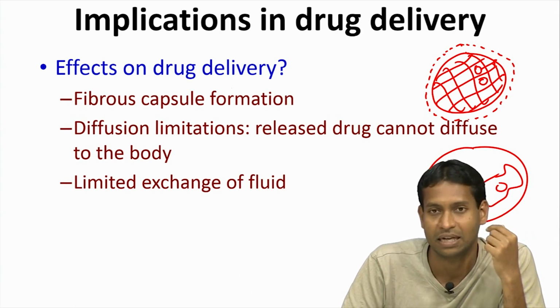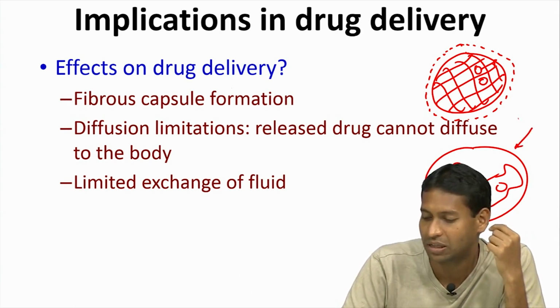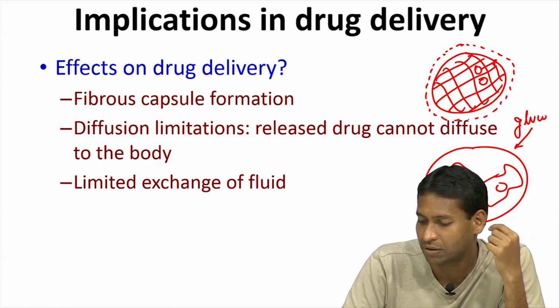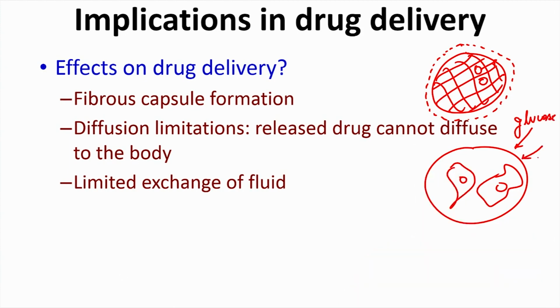Now, these cells cannot get external glucose, cannot get oxygen, because there is a blood clot that is preventing the diffusion from happening, and neither can they get the waste products out. So, all of these have been blocked off, and that will eventually result in the death of these cells. So, again not ideal, or it may be an osmotic pump. That will not work.